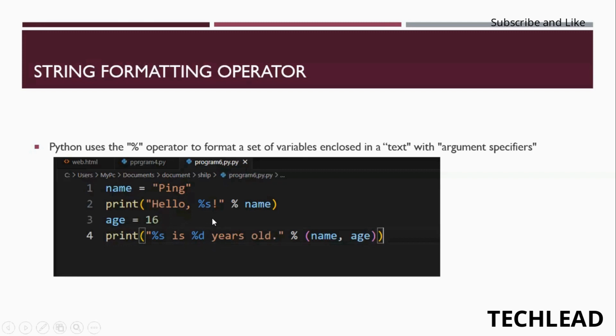Here we must print the integer variable. This is the text that we want to print on the screen, and after that inside the print function we must mention the modulo operator and the corresponding variables we want, name and age, to print on the screen.